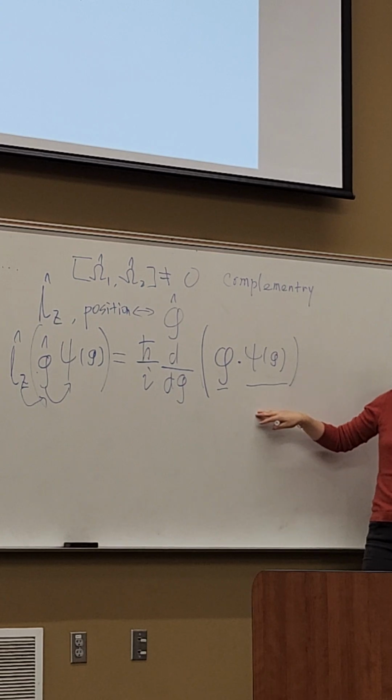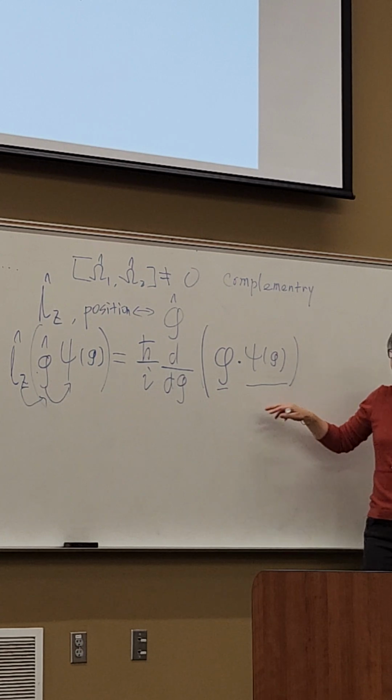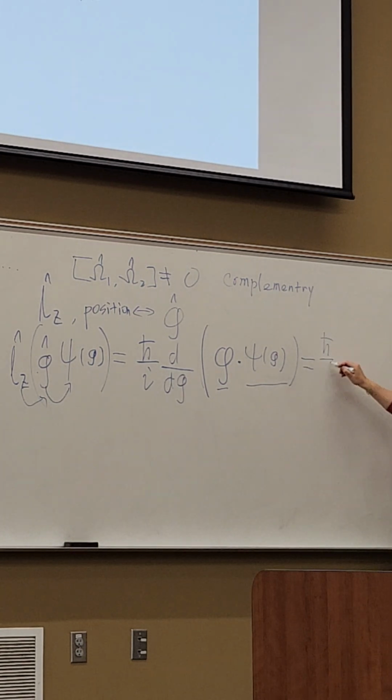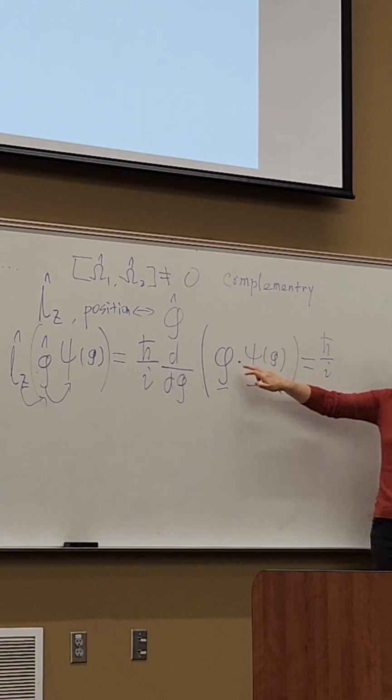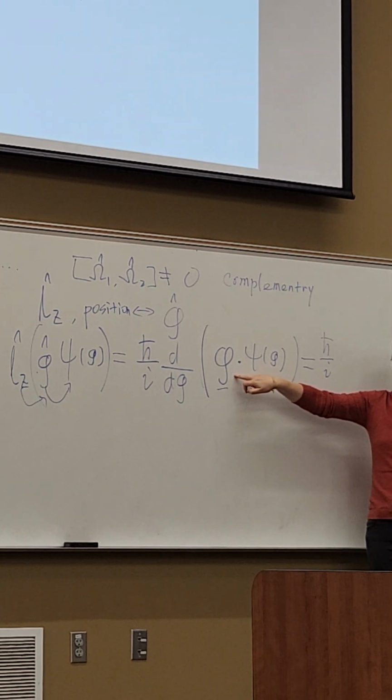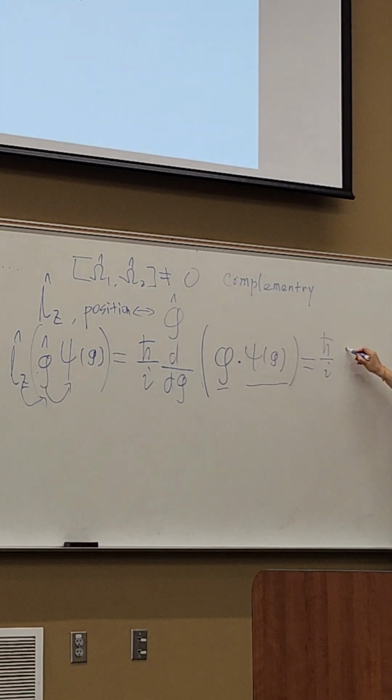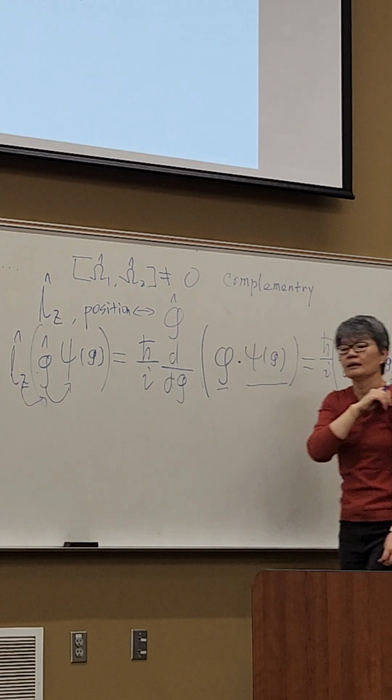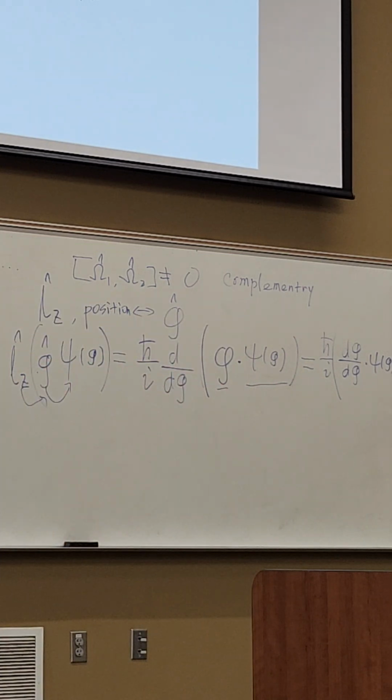So we will have a constant. The product rule tells us you take the derivative of the first, d phi over d phi, times the second function by itself. Then you have the first by itself, times the derivative with respect to the second function.